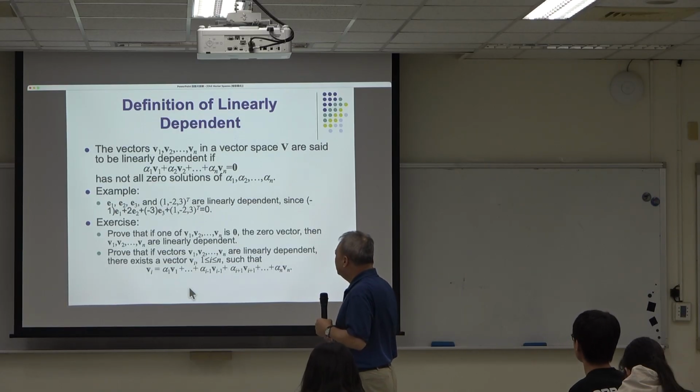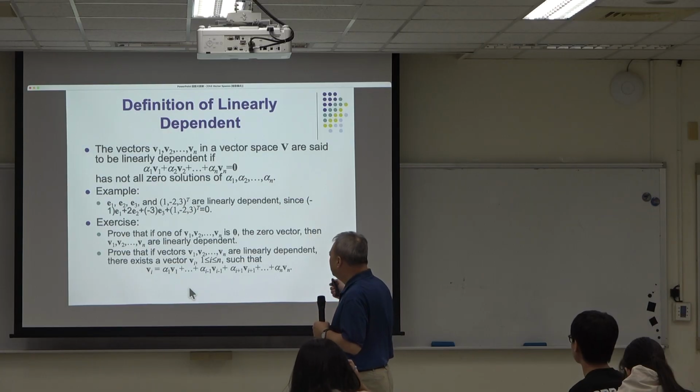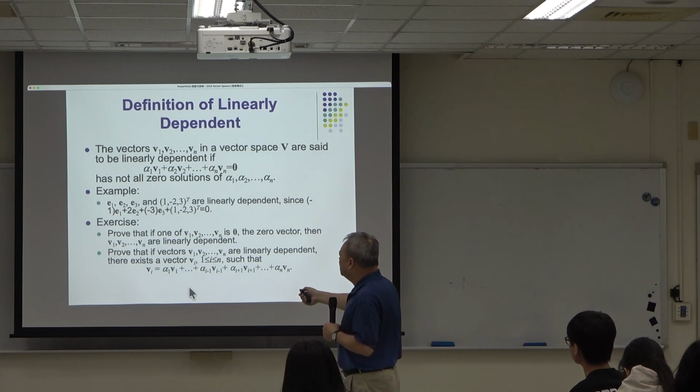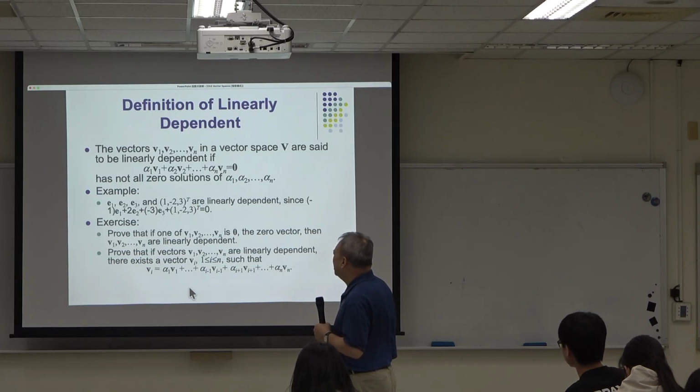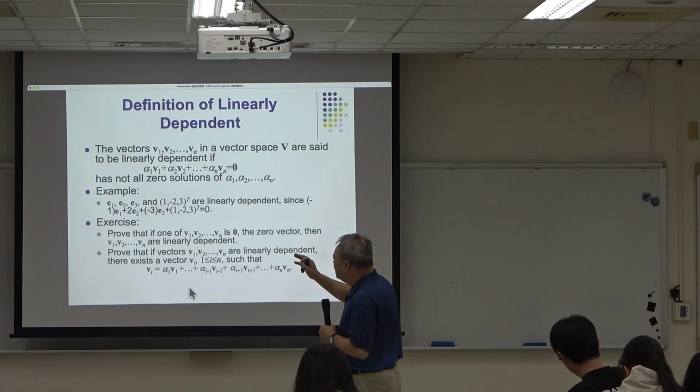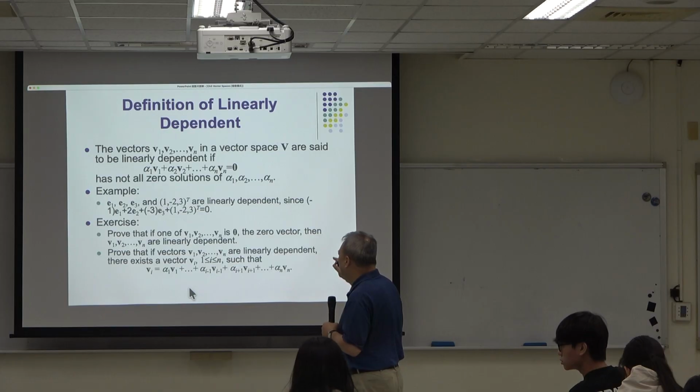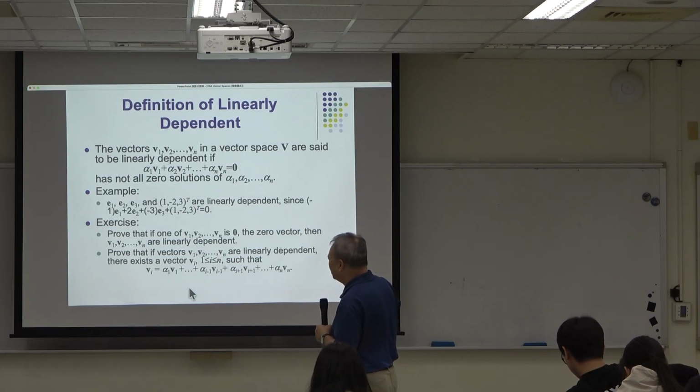The vectors v1 to vn are said to be linearly dependent if alpha 1 v1 plus alpha 2 v2 plus blah blah blah plus alpha n vn equal to 0 has not all zero solutions of alpha 1, alpha 2, up to alpha n.